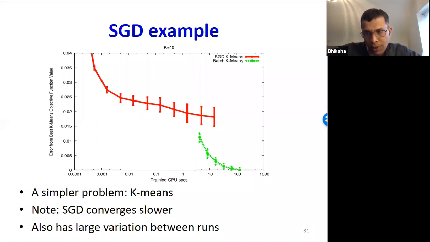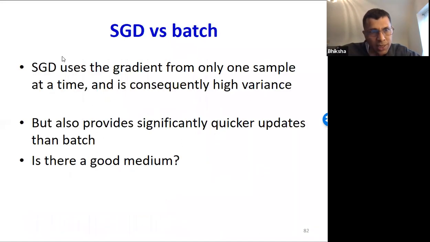And so SGD uses the gradient from only 1 sample at a time and is consequently high variance, but also provides significantly quicker updates than batch, right? Because you're updating more frequently, you'll converge faster, but then you're going to have high variance. You're more likely to end up at a crappy estimate of W, particularly if your loss function is not nice and clean. That makes sense to everyone?